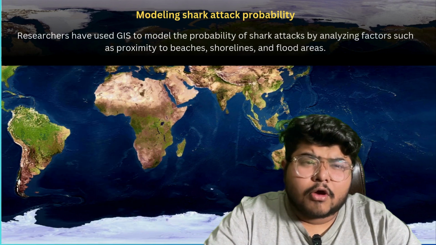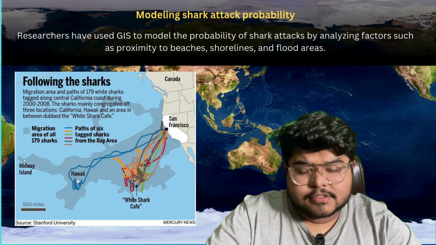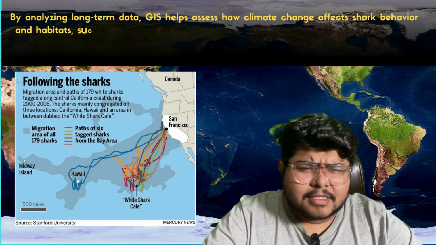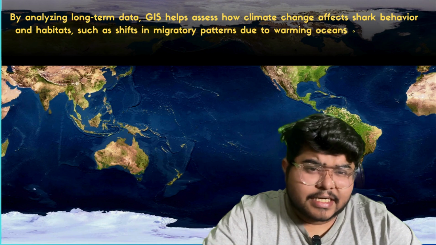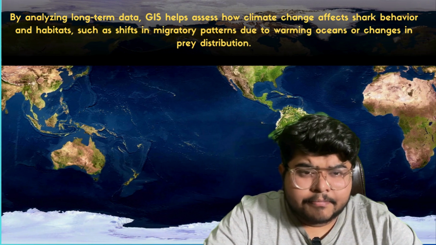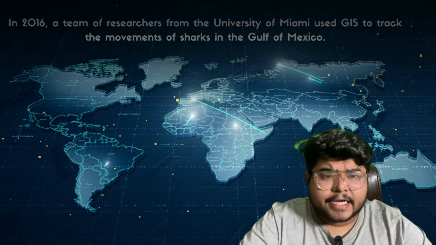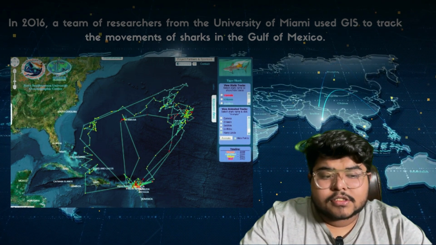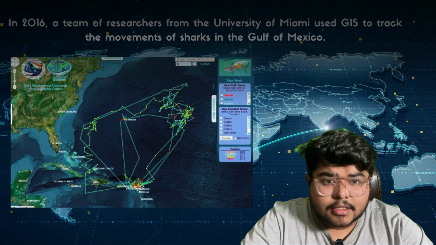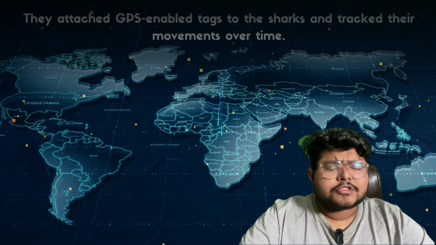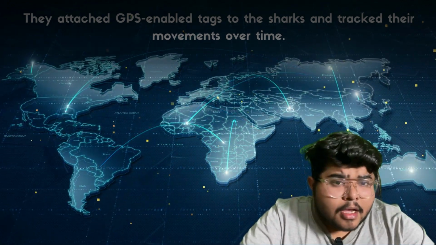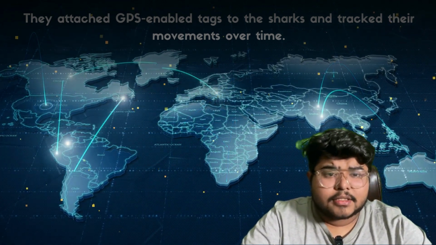In that movie, some games were happening, the city was hosting the games, and there was a threat from a shark that came into the city waters. So they tracked the movement of the shark. Yes, it has been used, and currently some environmentalists or ocean specialists are using that to track the movement of sharks.